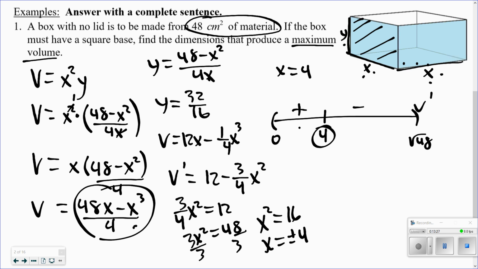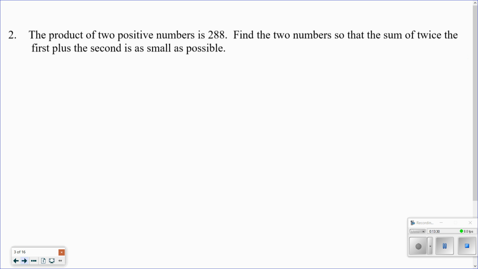Okay, let's do another one. This is a different maximize, minimize problem, still one of those, but it's a lot different than the last one. This one says the product of 2 numbers is 288. Find the 2 numbers so that the sum of twice the first plus the second is as small as possible.